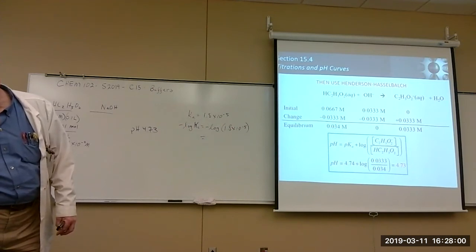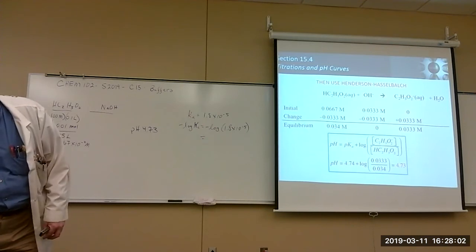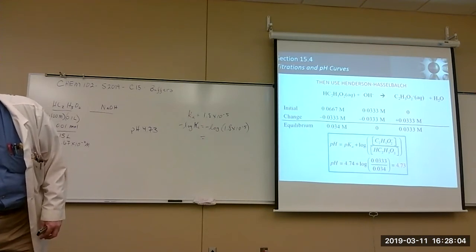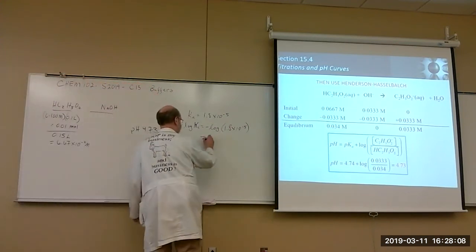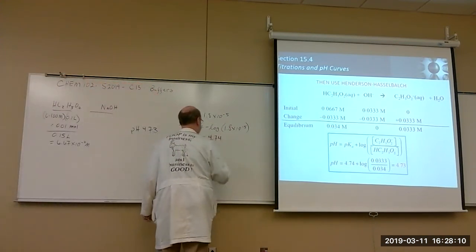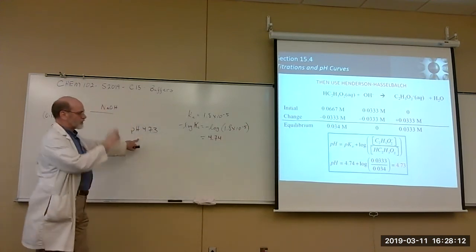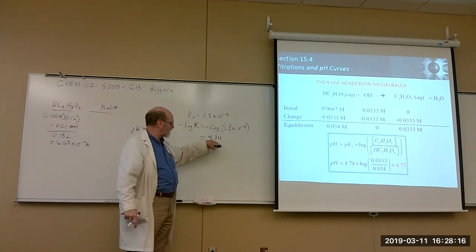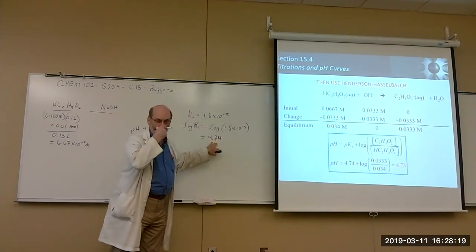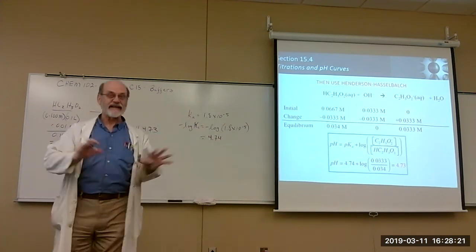Take the log of it, and then change the sign. 4.74. So that solution gives us a pH that's right in the middle of the buffer zone. It's ideal, perfect.